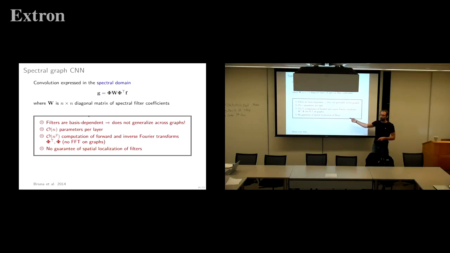And also the filters are not localized. So basically we are computing some filter, God knows how it will look in the spatial domain, right? So we don't have this important property that we had in the classical convolutional neural networks. And this was all over an undirected graph. It hits the fan even worse with a directed graph.